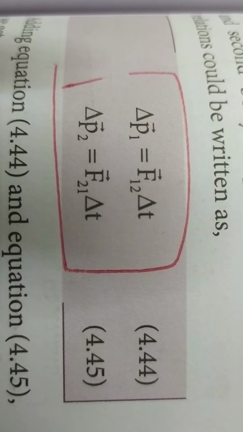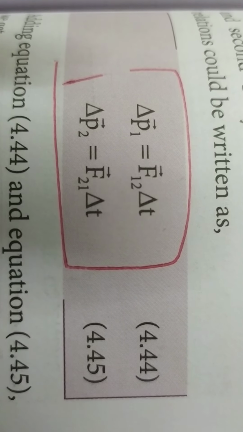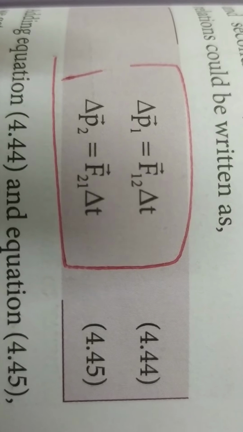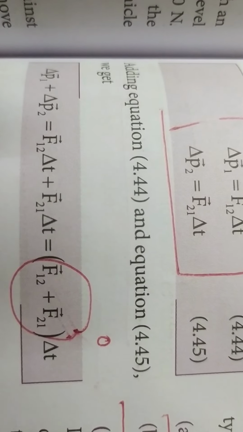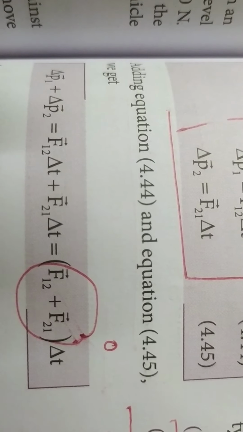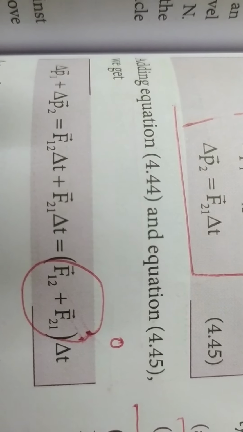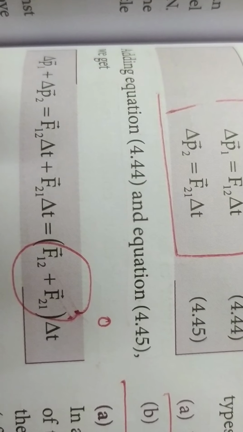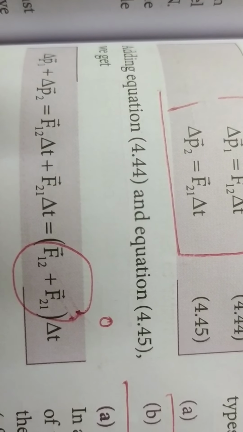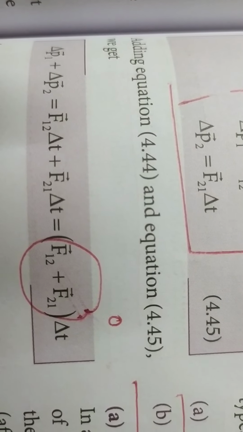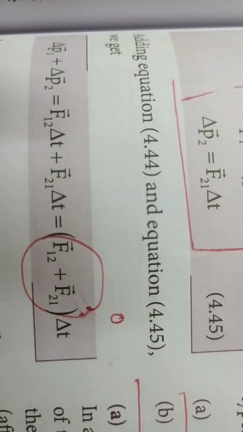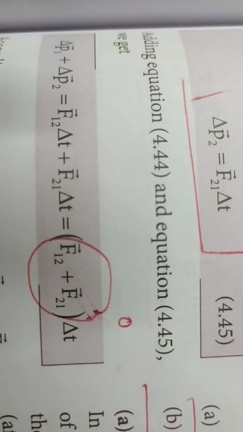The force acting for a very short time is called impulse, and this is equal to the change in momentum. Adding both equations, delta P1 vector plus delta P2 vector is equal to F12 vector delta T plus F21 vector delta T, taking F12 vector and F21 vector outside with delta T.